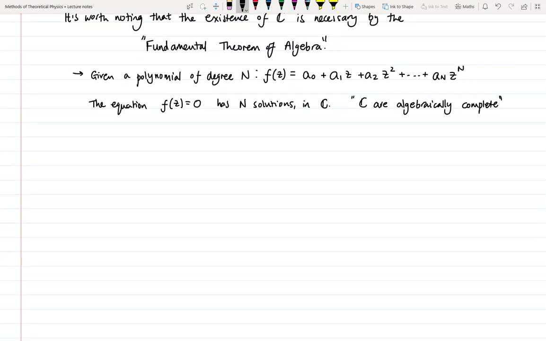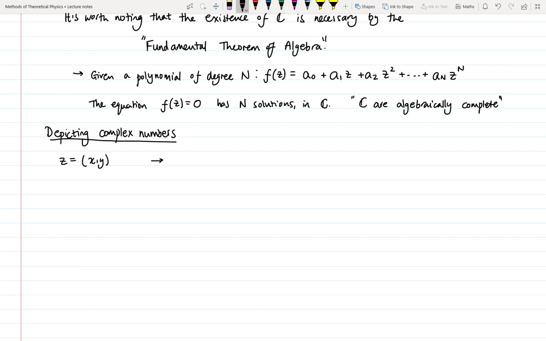Next, we're going to think about how we depict complex numbers. We said earlier that we can denote a complex number as an ordered pair of real numbers, x and y. And in fact, we can identify these components x and y as coordinates in an xy plot called an Argand diagram.